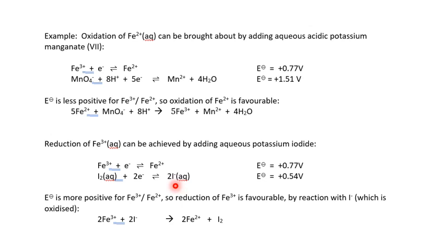So I- can be oxidized to iodine, losing 2 electrons, and therefore the more positive one is the Fe3+/Fe2+ one, so that can go in the reduction direction, which means iron 3+ can be reduced to iron 2+. So there are lots of examples that they can choose to illustrate that feasibility of redox chemistry that you already know how to do.